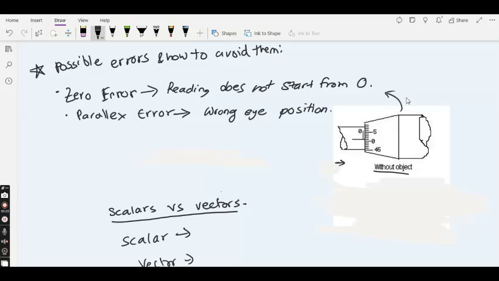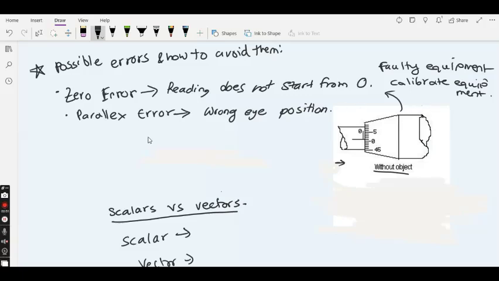So the zero error is mostly due to faulty equipment. And to avoid zero errors, we can calibrate our equipment properly, or we can also subtract the zero error from the final measurement.